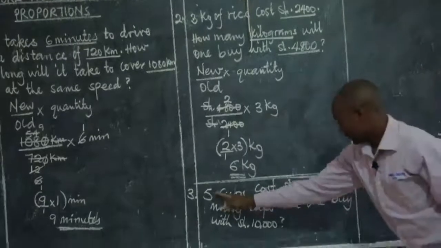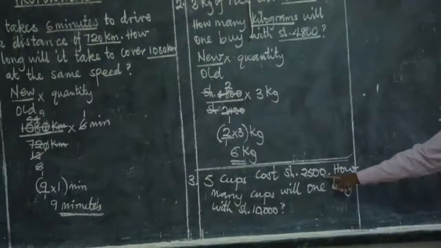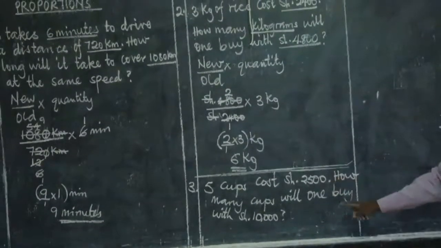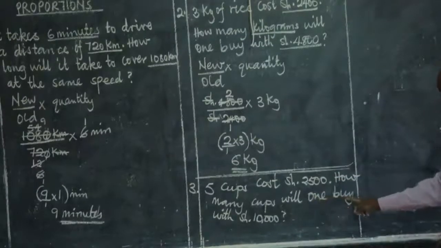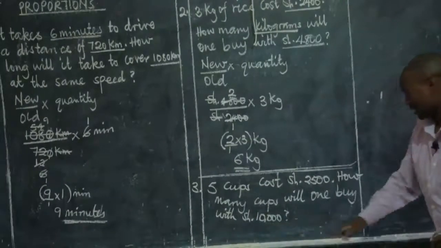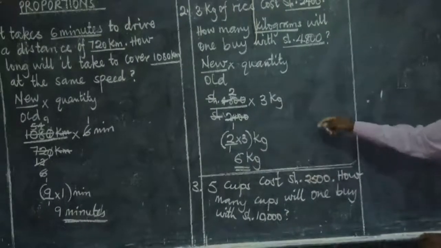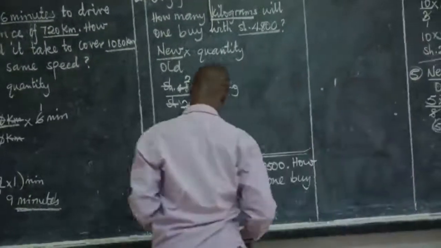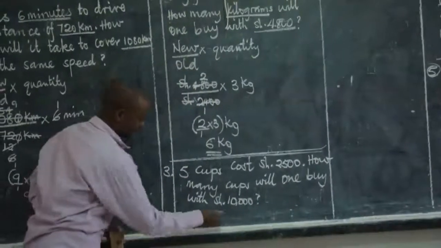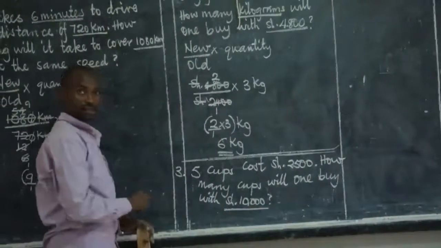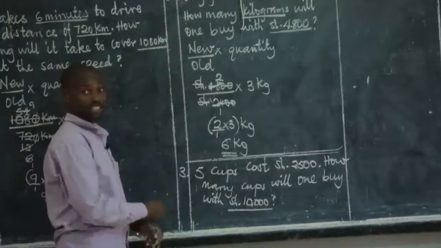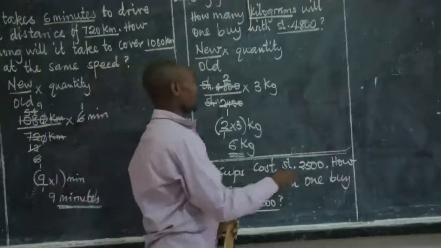When you buy 5 cups, you pay 2,500. How many cups will one buy with 10,000 shillings? Okay? So if I'm using the same format, we are looking for the number of cups you can buy with 10,000 shillings. So 10,000 shillings becomes the new amount.